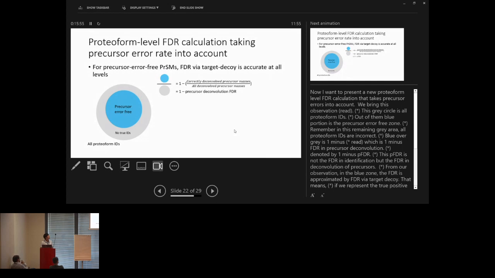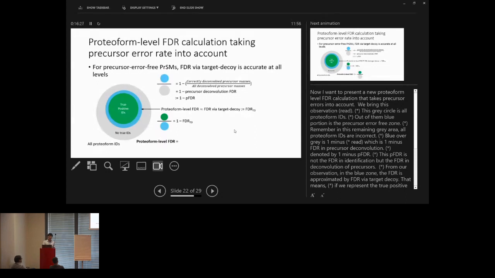Let's say this is 1 minus precursor deconvolution FDR, or denoted simply by 1 minus PFDR. And then for this blue guy, we know FDR via target-decoy works, right? So we have FDR TD. In other words, among the positive IDs, the green guy, the ratio between green and blue is 1 minus FDR TD. It is 1 minus FDR via target-decoy.